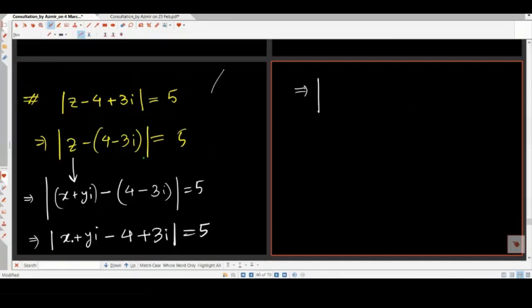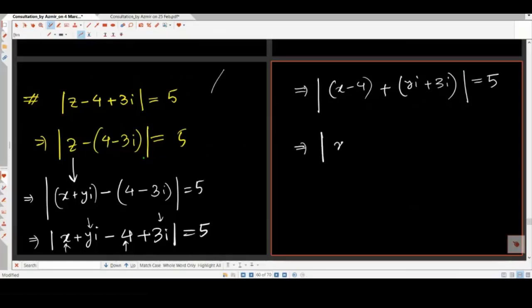Let us group the real parts and the imaginary parts. The real parts are x minus 4, and the imaginary parts are yi and 3i, and on the right side we have 5. So we can write x minus 4 plus y plus 3 times i. i is factored out because it is common in both yi and 3i. Now this is the real part and this is the imaginary part.